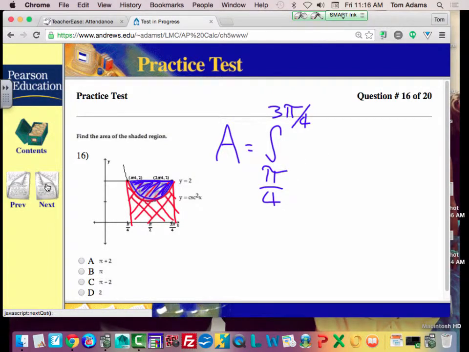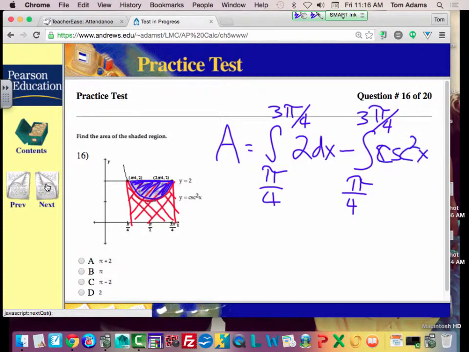Oh, I just got to write down 2 dx, minus the area under the curve from pi over 4 to 3 pi over 4 of this function here, cosecant squared of x dx. I think. Is that right? Does that make sense? Yeah. Okay.